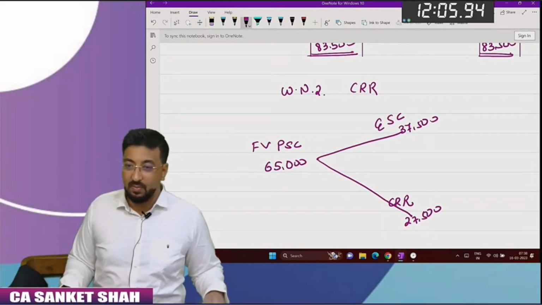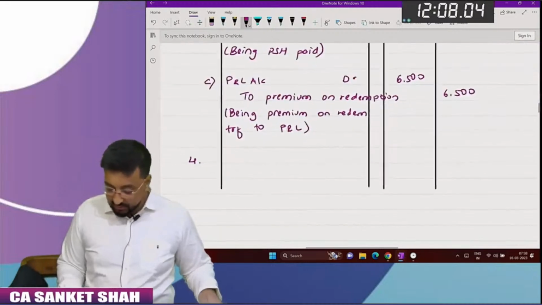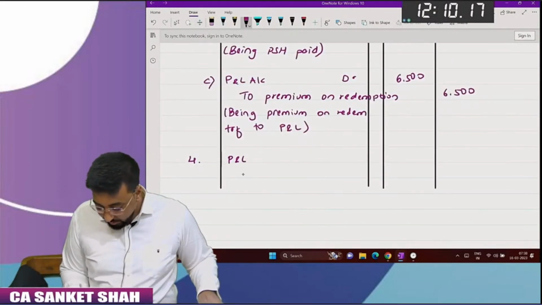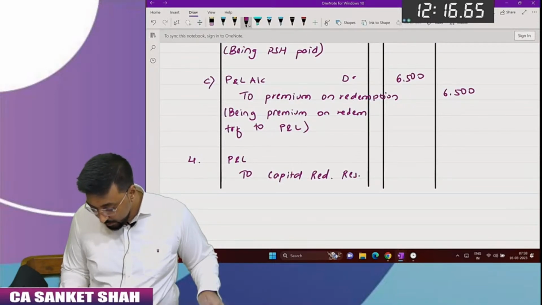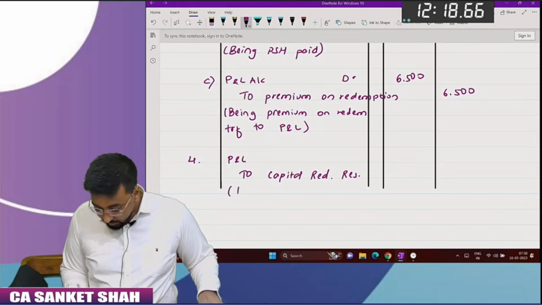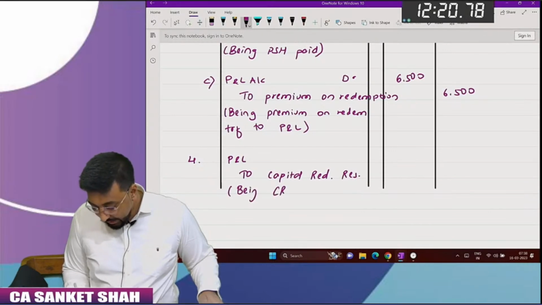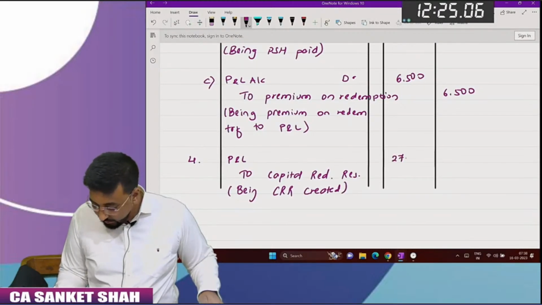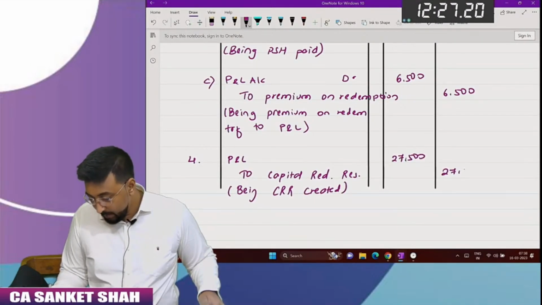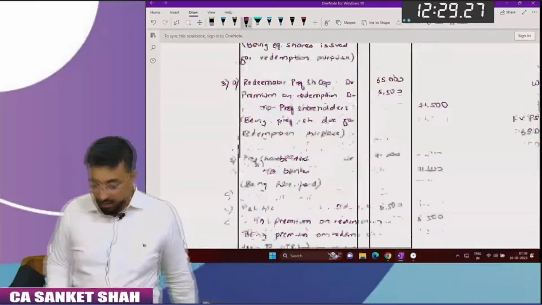It's very simple. So CRR is P&L account debit to capital redemption reserve, being CRR created 27,500.